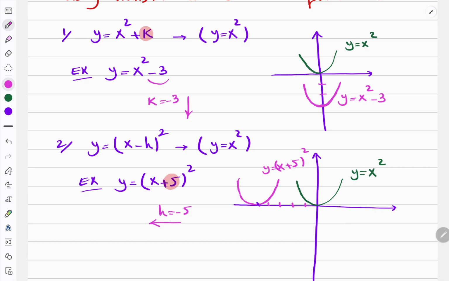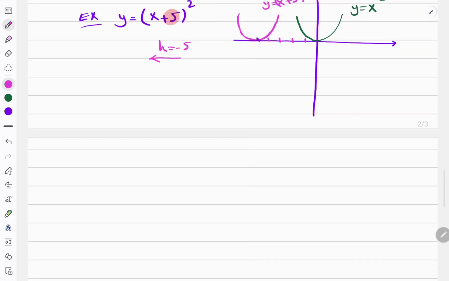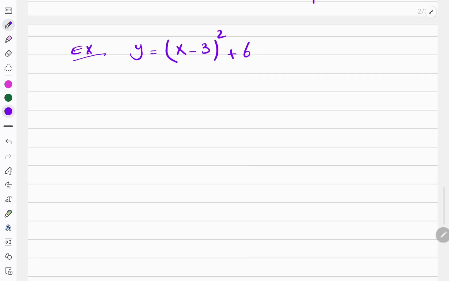But we can have both of them. In fact, we can combine these in one form. So for example, we have y equals (x - 3) squared plus 6.